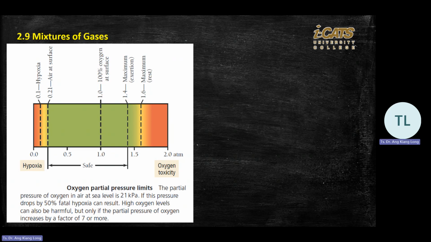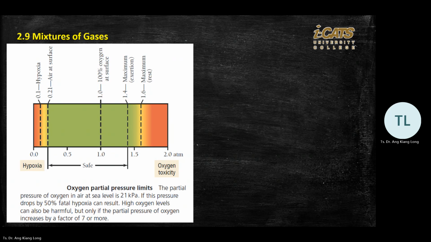It depends on the pressure. So if your pressure is 1 atm, your 100% oxygen at the surface means the value is 1. If you go deeper underwater, the pressure will increase.